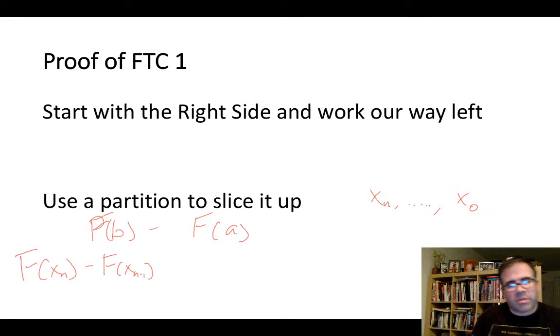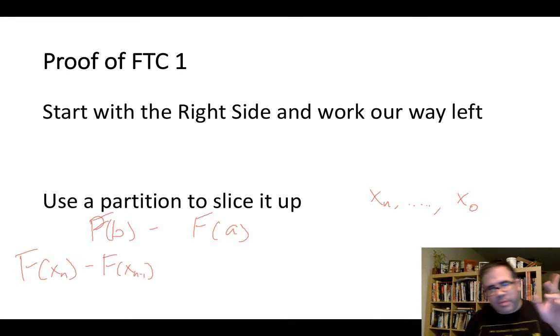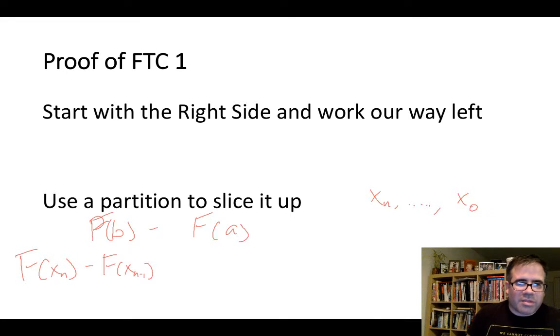If we want 6 subpartitions, the next one would be x sub 6 minus x sub 5, right? But this isn't f of a, so we have to immediately add f of xn minus 1, right? We've added 0, we haven't done anything.